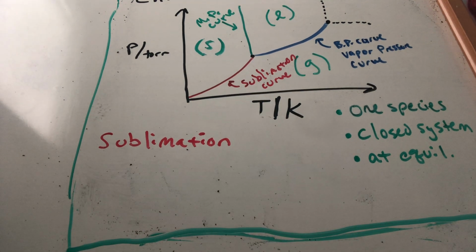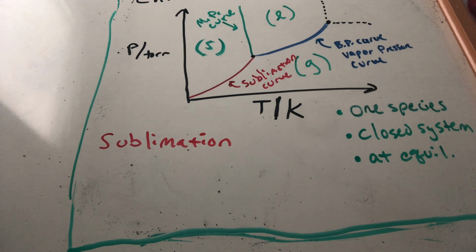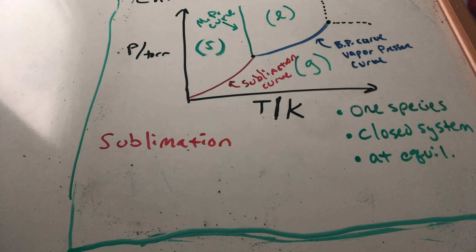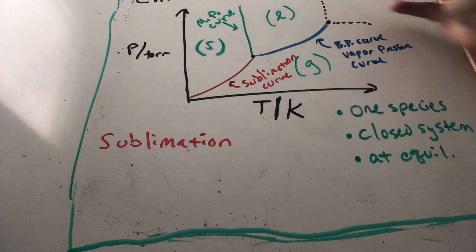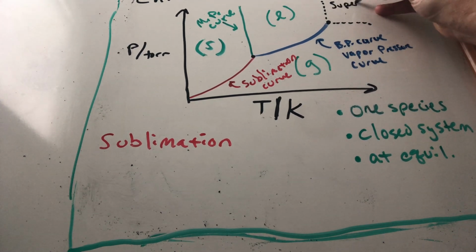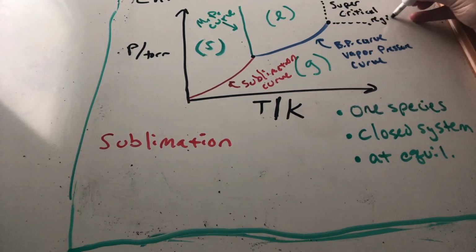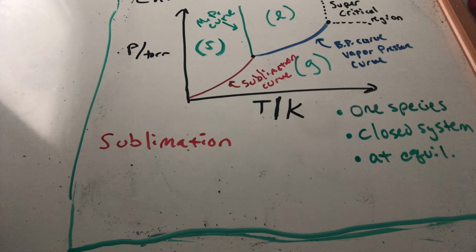So that's where solid and gas can coexist together. The only other region I want to label is this region right here. We're going to call this the supercritical region, and we'll get to that in a second. But now we have everything labeled in terms of regions on our diagram.